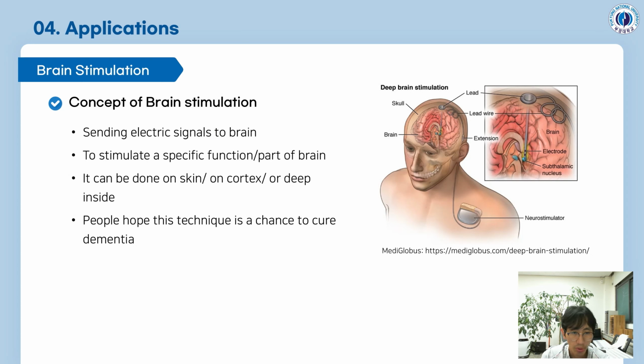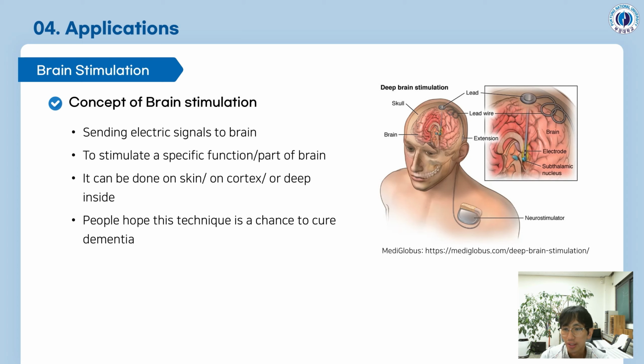To stimulate a specific function or part of the brain. Maybe part of your brain is not working properly, and then maybe we give some stimulus, some signals, and then your brain starts to wake up. So we expect that, and then it works somehow.